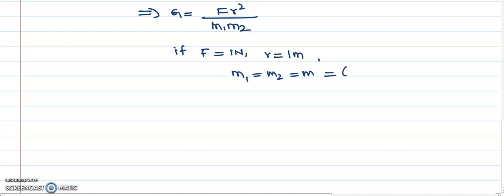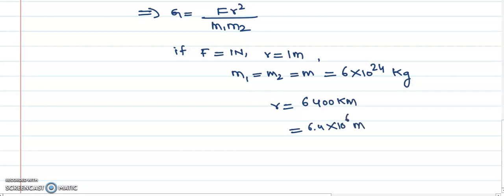Mass of the earth is 6 into 10 power 24 kg, and r is the radius of the earth, 6400 kilometer, that is 6.4 into 10 power 6 meter. Substituting these values in the gravitational formula, we get G is equal to 6.67 into 10 power minus 11 Newton meter square per kg square. This is the universal gravitational law.